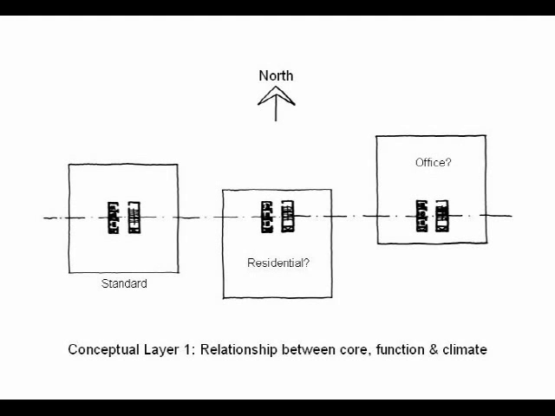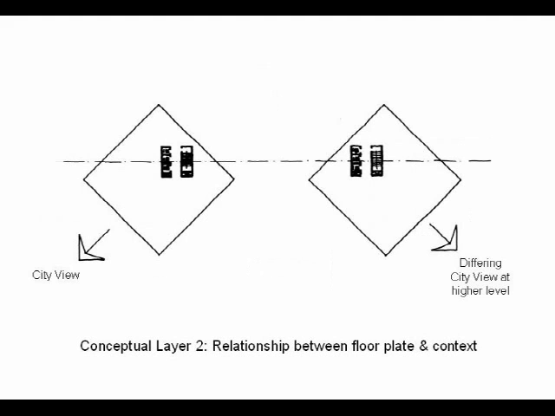Conceptual layer number 1. Conceptual layer number 2, within this stepping, is then to shift the floor plate relative to the core, depending on the view or something that's going on in the city. And this is the thing that I think a lot of tall buildings do not take advantage of.